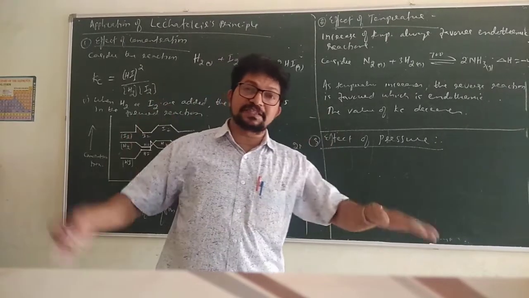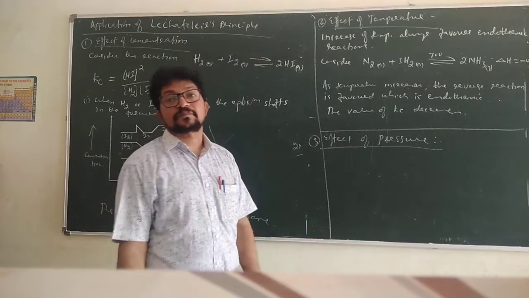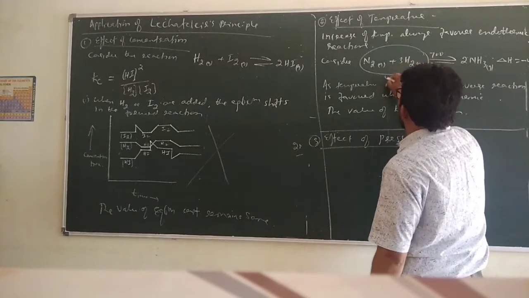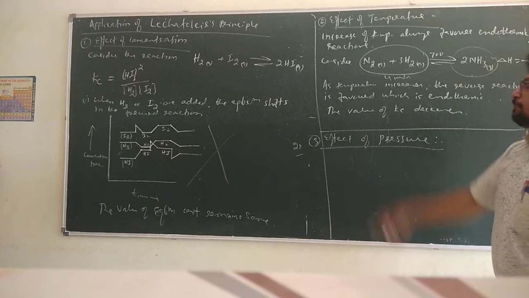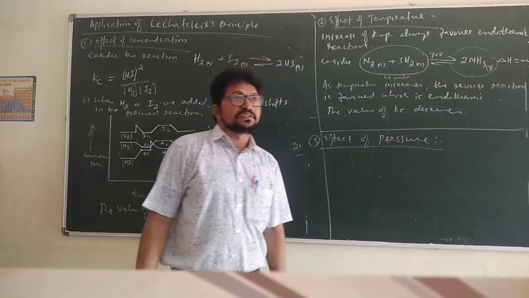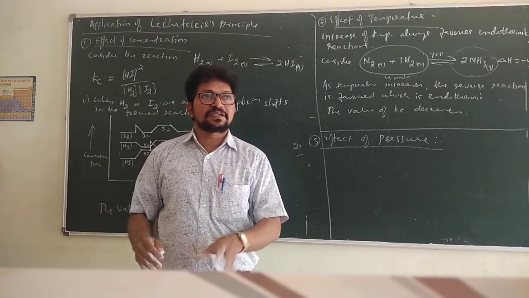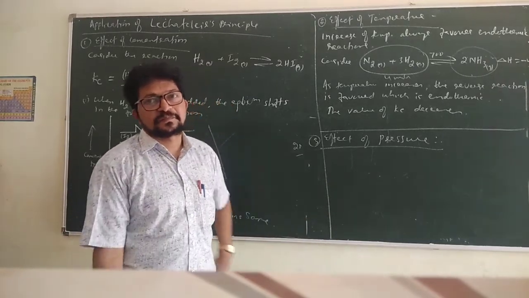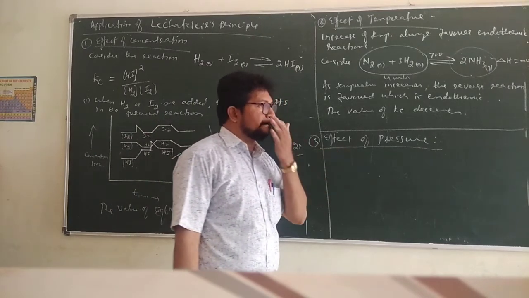By shifting the equilibrium towards fewer moles. For example, here reactants are totally 4 moles, products are only 2 moles. If you increase the pressure, the right side will be favored. Because if some amount of nitrogen and hydrogen are converted to ammonia, the number of moles decreases. That means pressure automatically gets decreased. So increase of pressure tends to decrease the pressure.